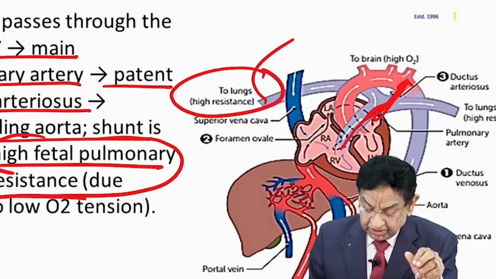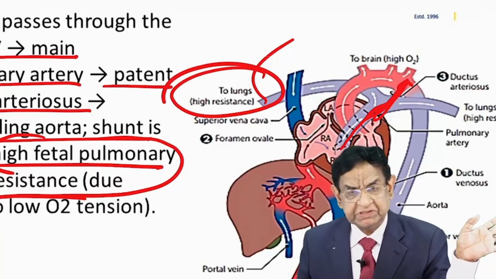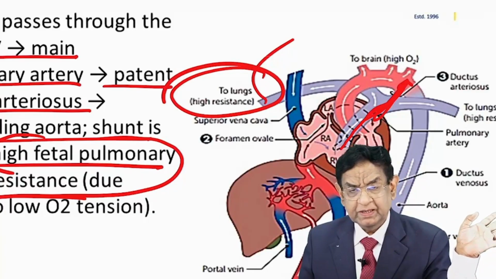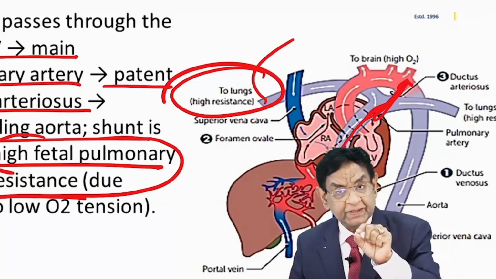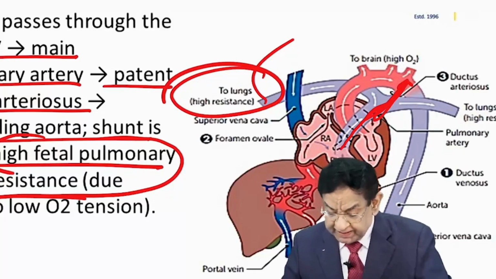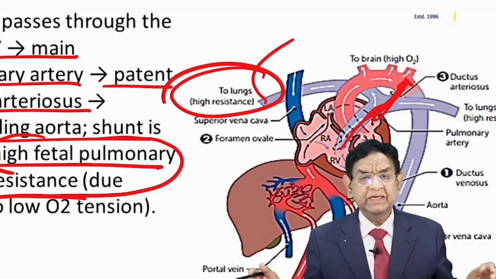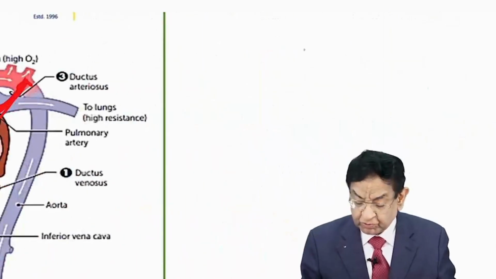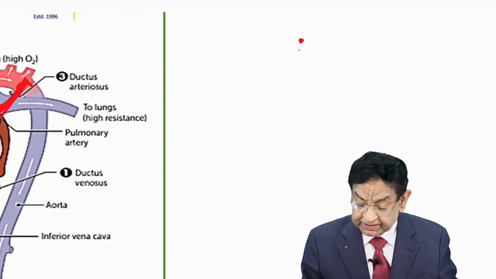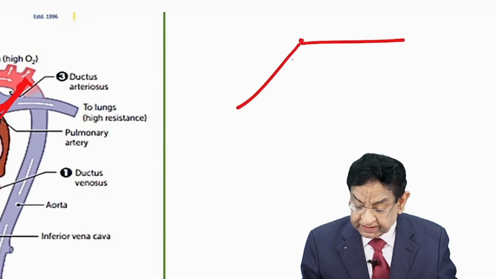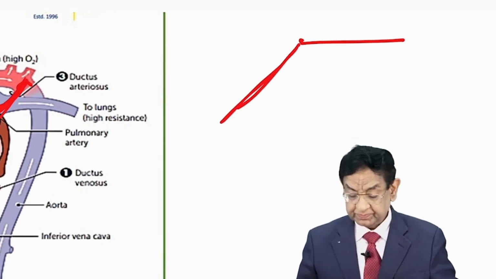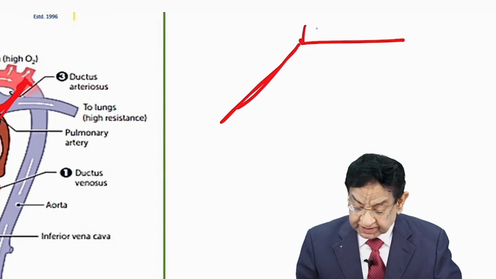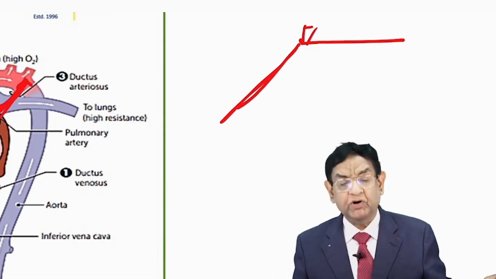Look, in the lungs very high resistance is there. So that's why, and this is an open gate, so very easily blood will flow. It's a rule. Suppose water is there, and there's one path like this and one like this. We have a table like this, and this water glass is there, and this falls.